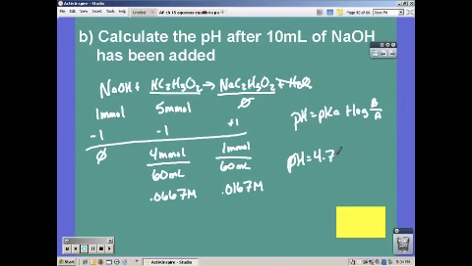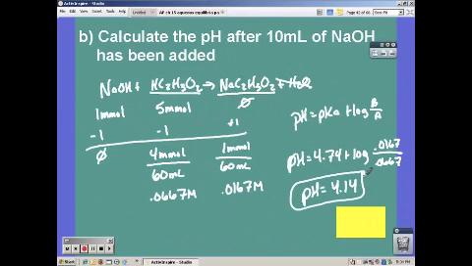So that's 4.74 plus log of our base, which was 0.0167, over our acid, which was 0.0667. pH then is 4.14. So notice pH is increasing.